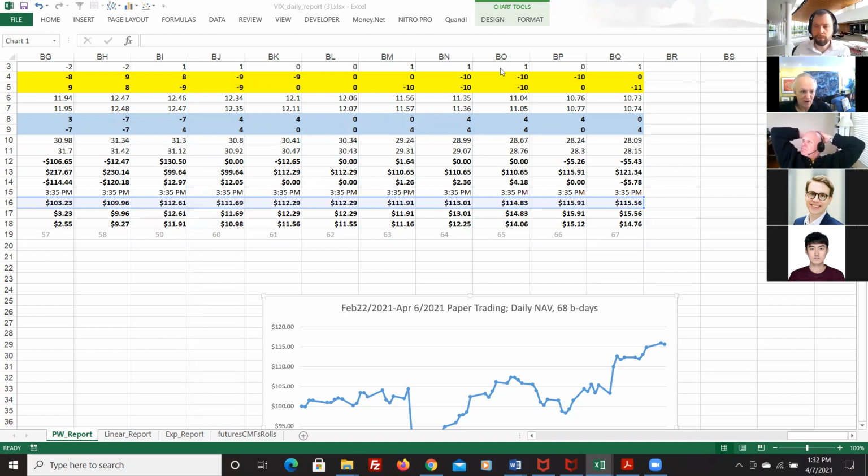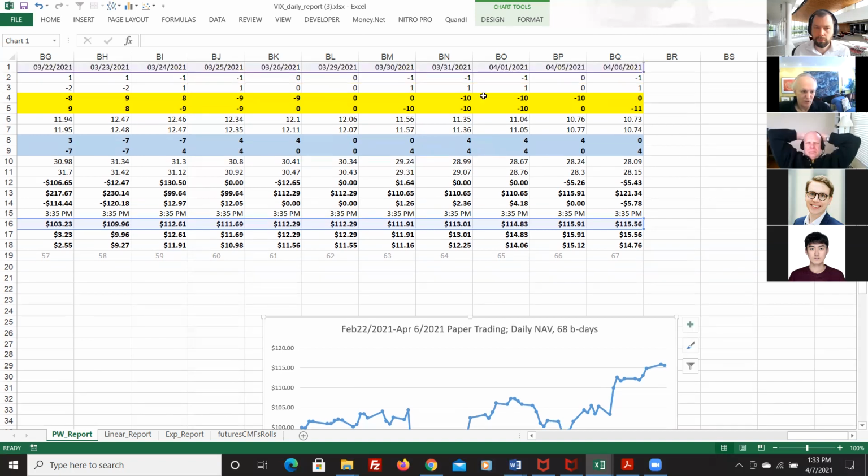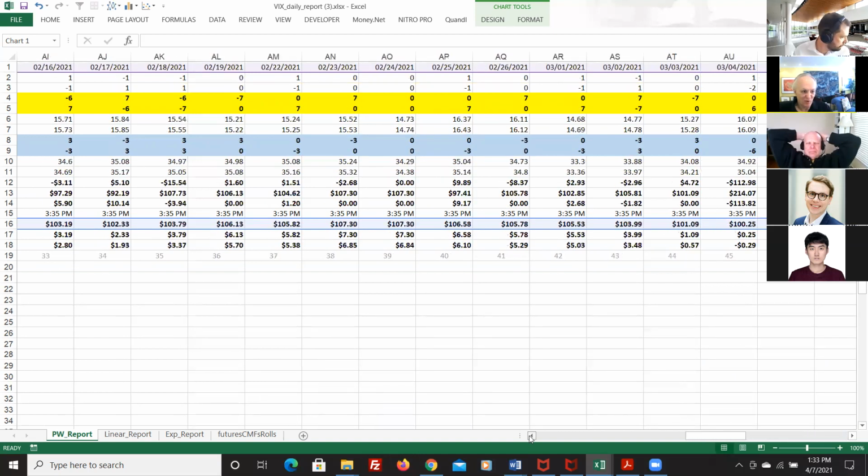Am I sharing my screen with you now? We're looking at a spreadsheet. Yes, this spreadsheet gives me every day these yellow and blue numbers, which are my positions in the VXX over different days.